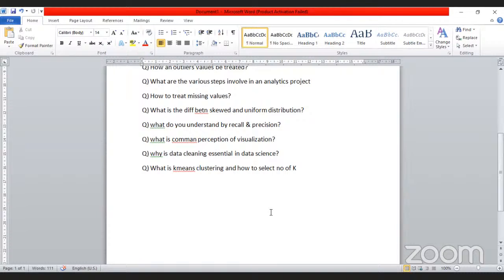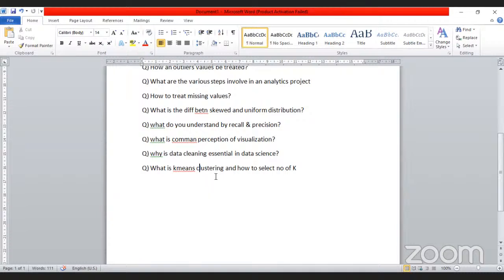So K-means clustering is an unsupervised machine learning technique, an unsupervised clustering technique. In that, we can take the number of Ks with the help of the elbow method, the elbow plot, and calculate the mean of each data point to calculate similarity between the data points and make clusters of similar data points.